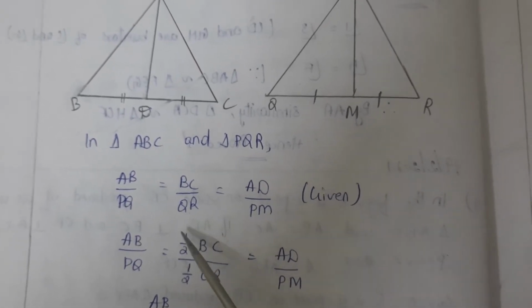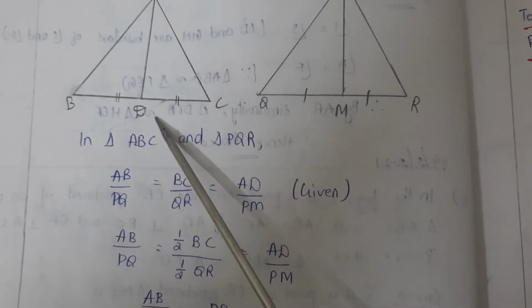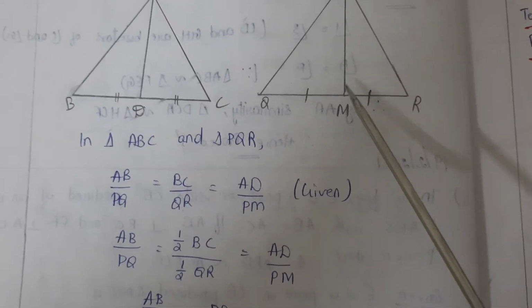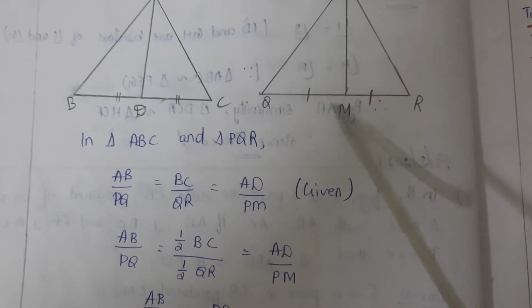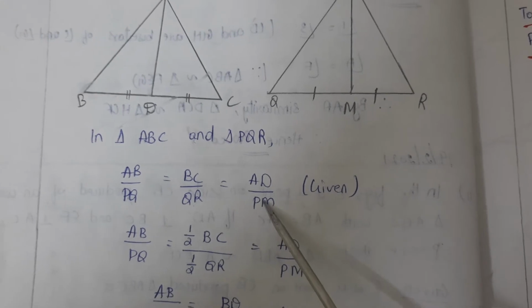So the sides and the median of one triangle are proportional to the sides and median of the other triangle. This is the information given in the question.